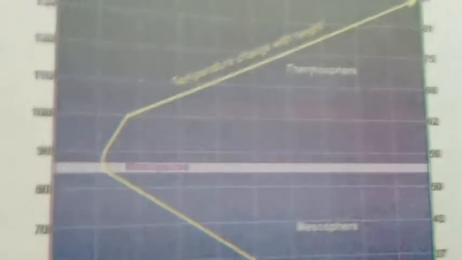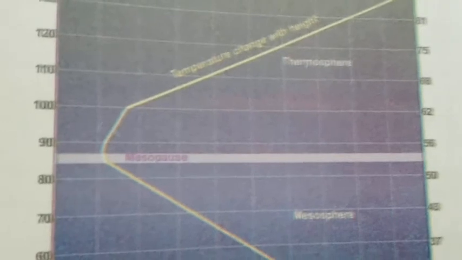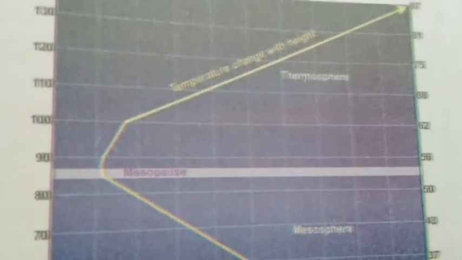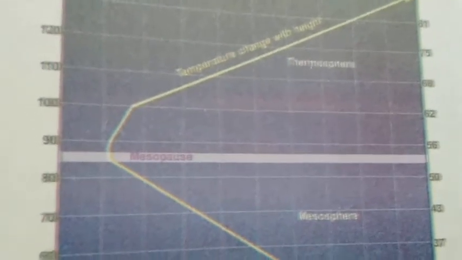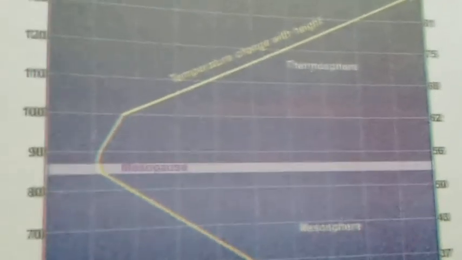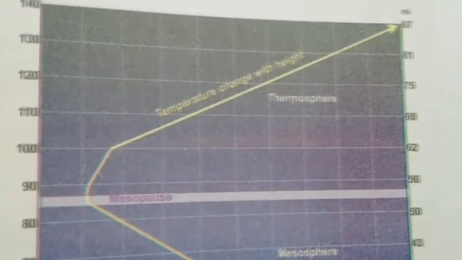And next layer is thermosphere. This layer lies above the mesosphere, and it extends up to a height of about 400 kilometers. Here, temperature increases rapidly with increasing height, just opposite of troposphere.